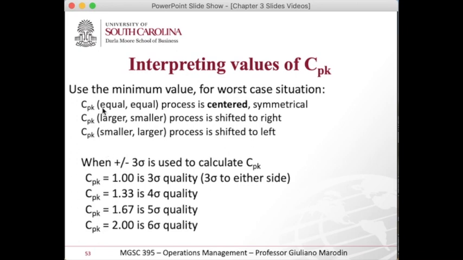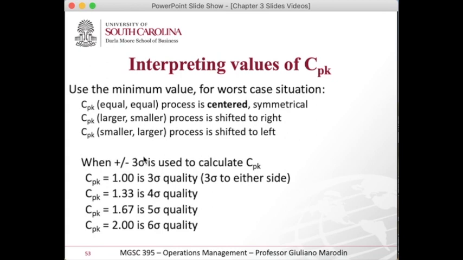If these two values, the one on the left and the one on the right, are exactly the same, it means that it is centered. It is symmetrical, and the mean is the middle point between the upper and lower specification limits. If one is larger than the other, it means that it shifts to the right or to the left.